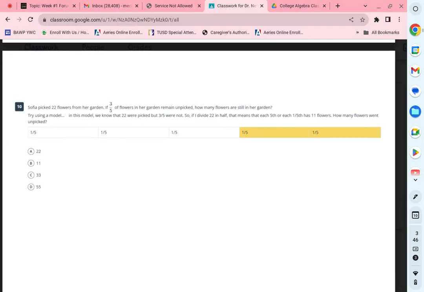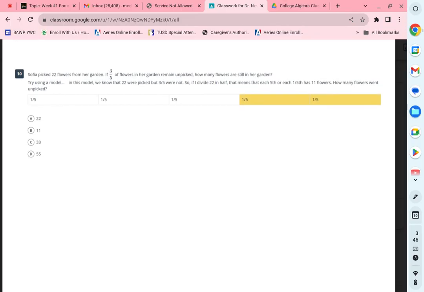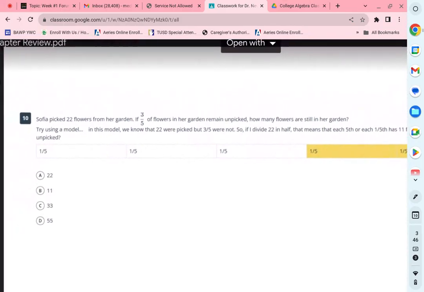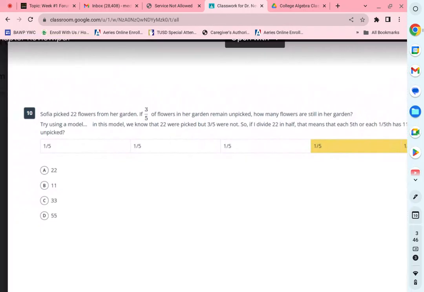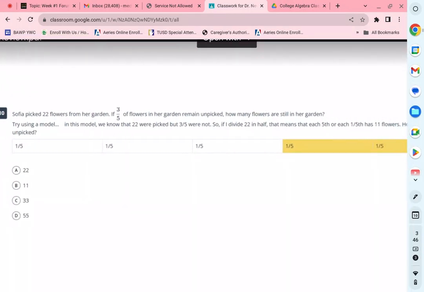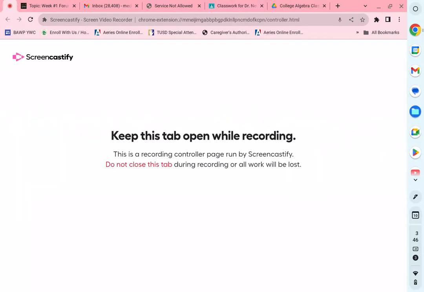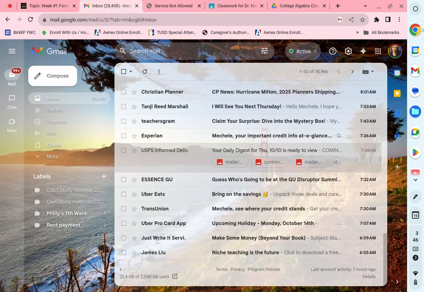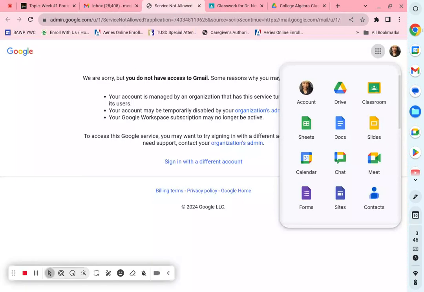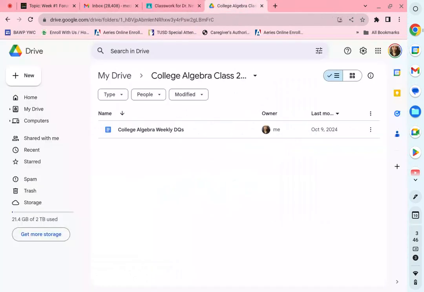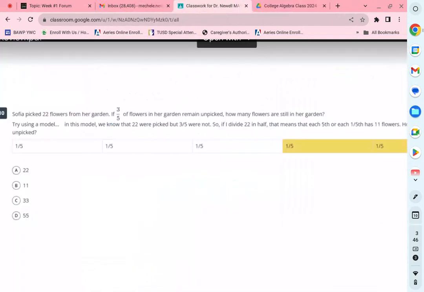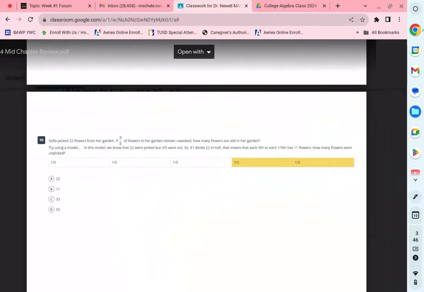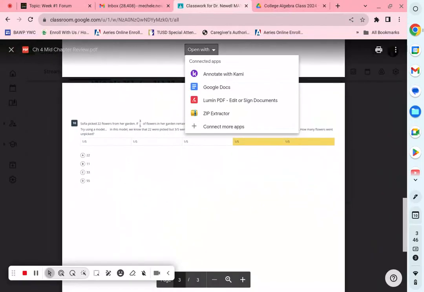It says Sophia picked 22 flowers from her garden. If 3/5 of the flowers in her garden remain unpicked, let's see if I can. I know what I'll open it with: Cami.